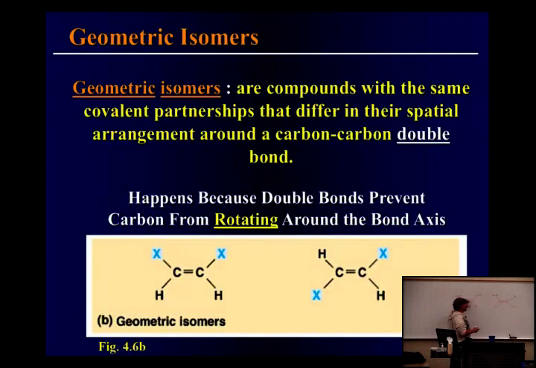These are geometric isomers. What's the formula for this? Right. And what's the formula for this? So they're the same, right? Same parts. Different arrangement, different shape, then they're different. Shape is the most important thing in biology.